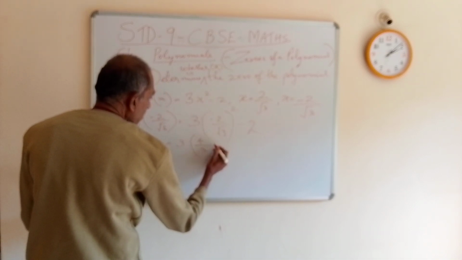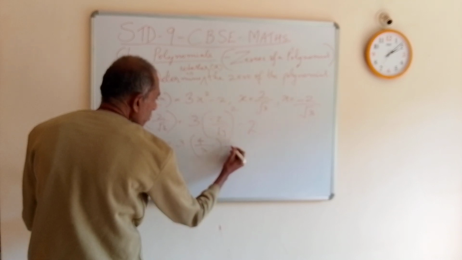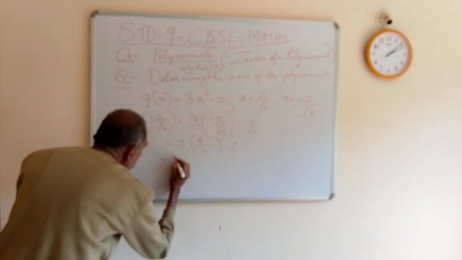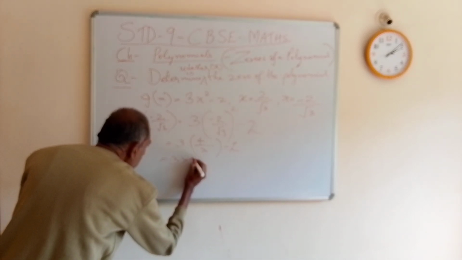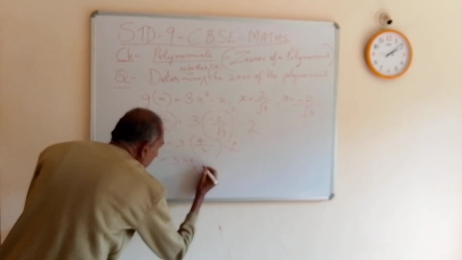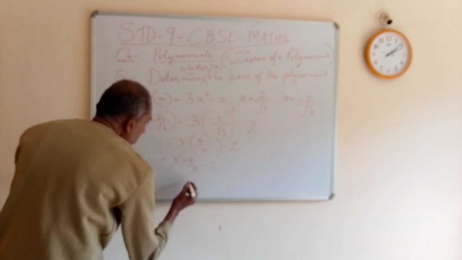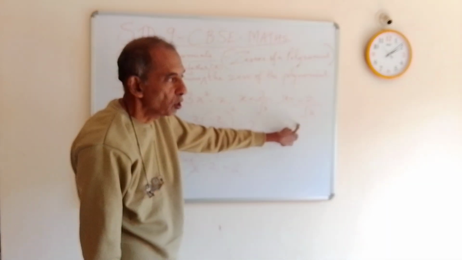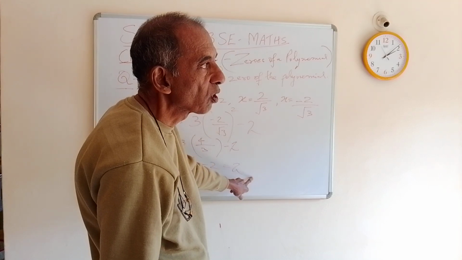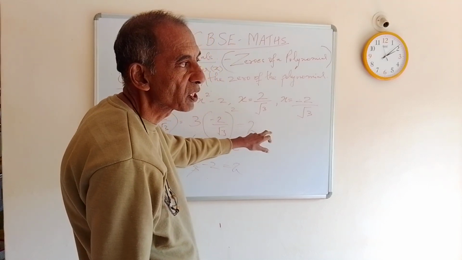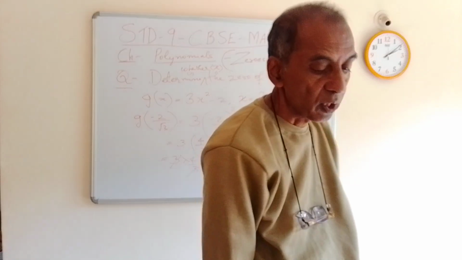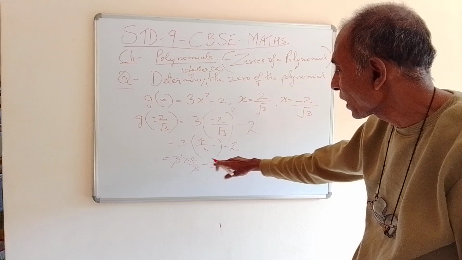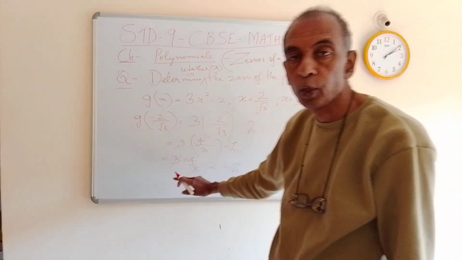So it is again 4 upon 3 minus 2. So that is equal to 3 multiplied by 4 upon 3 minus 2. So again we get the same answer, 4 minus 2 is equal to 2. So in this case also x is not a zero of this polynomial. In both cases we found that x is not a zero of the polynomial.